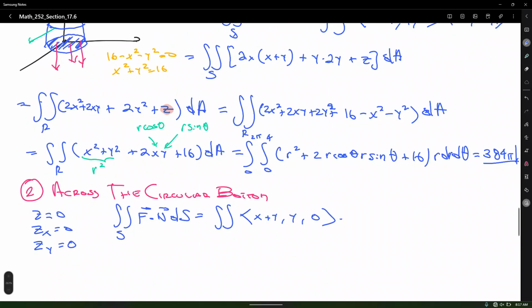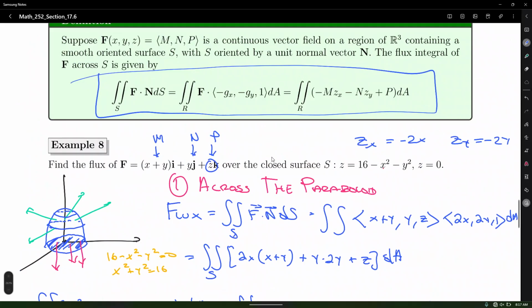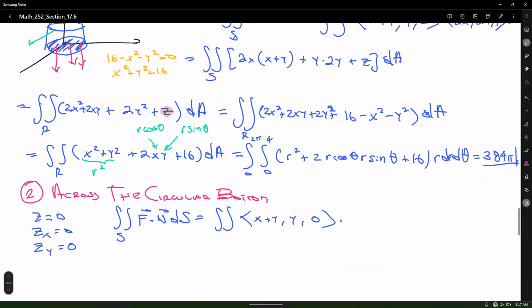Okay, that dotted with n dS, which in this case is simply negative partial with respect to x, negative partial with respect to y, and 1. But what are the partial derivatives? Aren't they 0 and 0? So, comma 1, dA over the region R this time, because we're about to integrate.